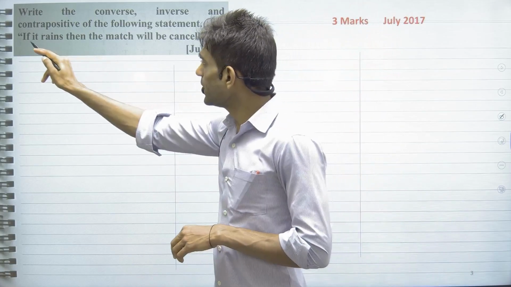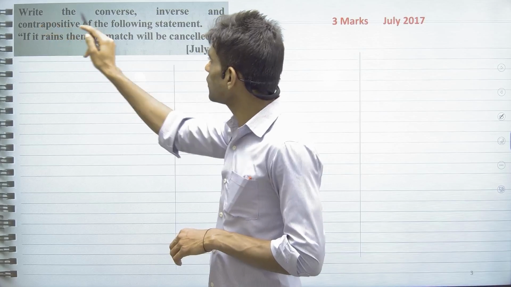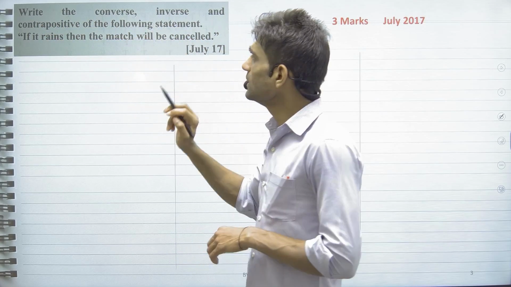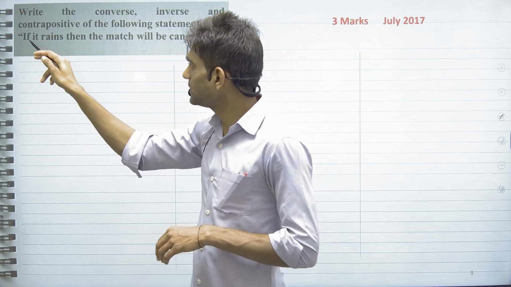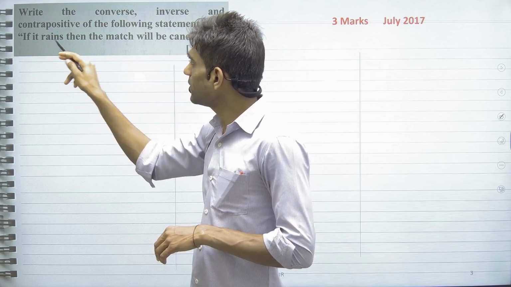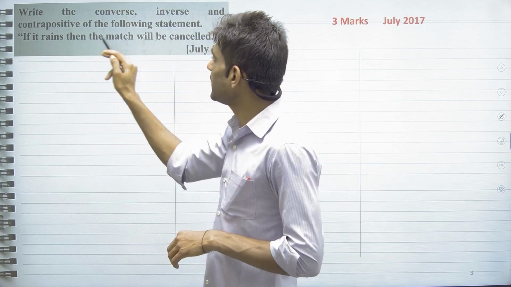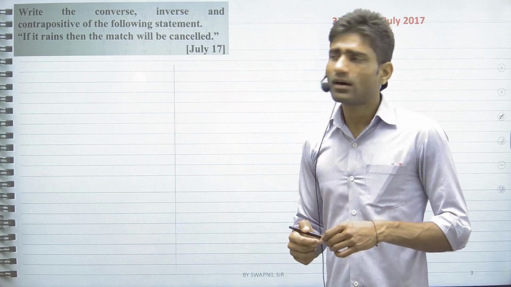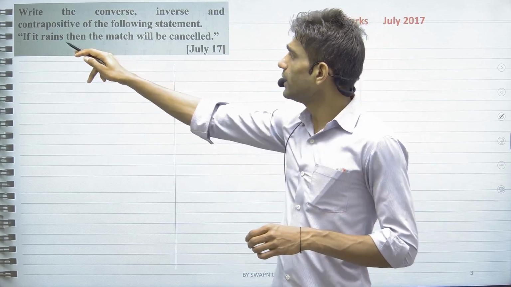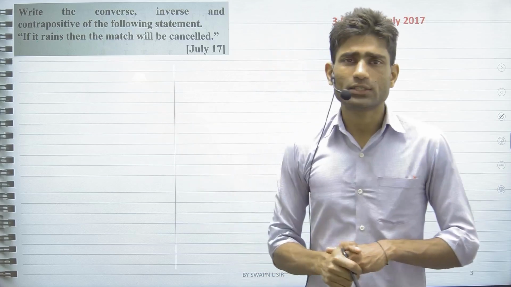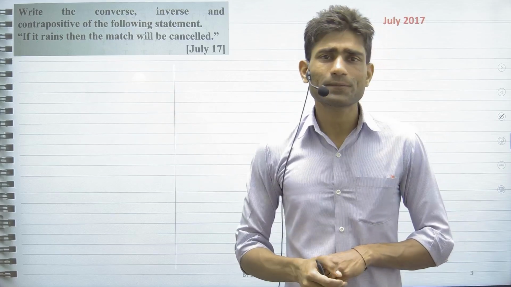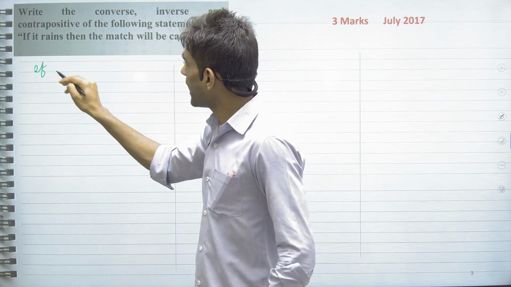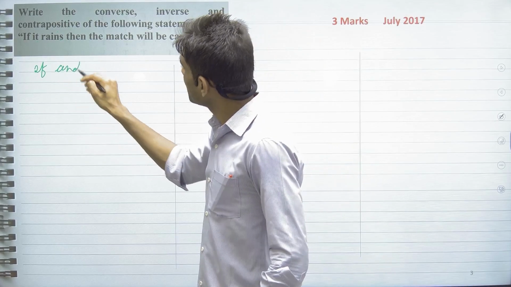The question says: write the converse, inverse and contrapositive of the following statement. The statement is: if it rains, then the match will be cancelled. The statement has the connectors if and then.